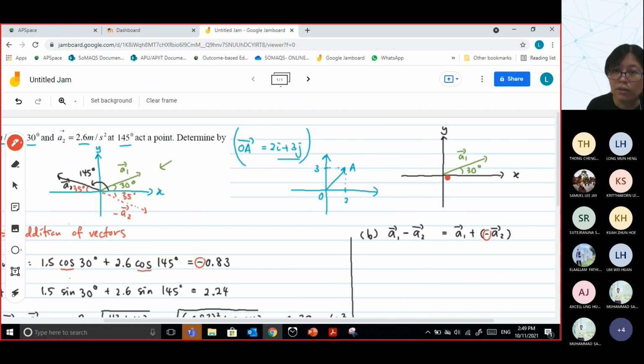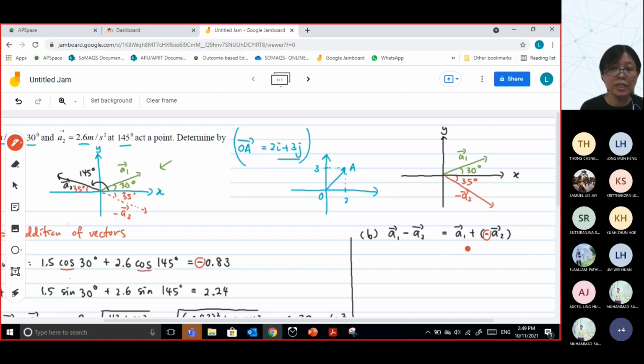This is your negative A2 with 35 degree here. Get it, right? Remember, the negative sign is actually giving you the opposite direction. So this is your negative A2.